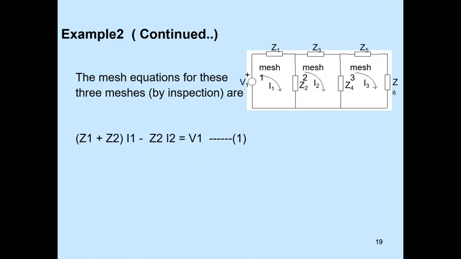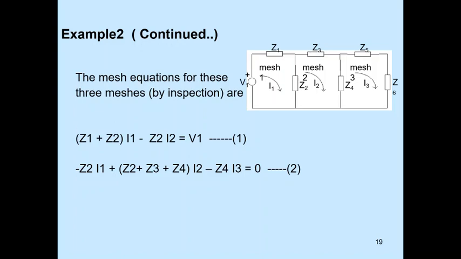This is the first equation. And the second mesh equation is minus Z2 I1 plus Z2 plus Z3 plus Z4 into I2 minus Z4 into I3 is equal to 0.